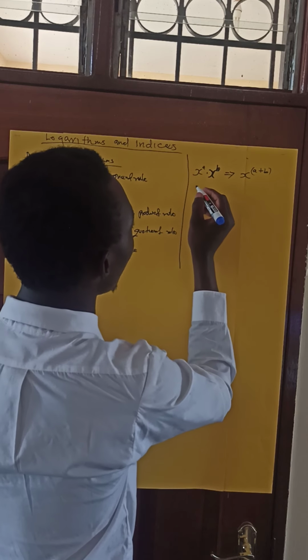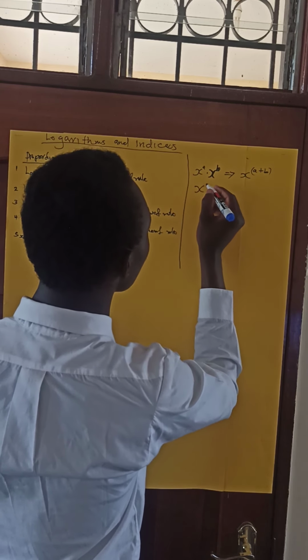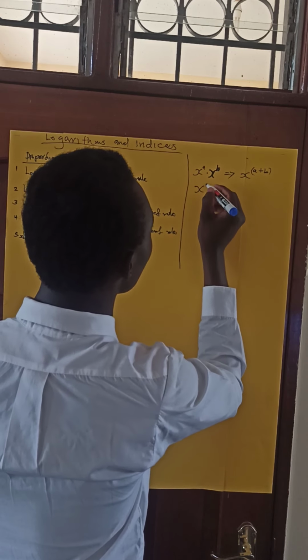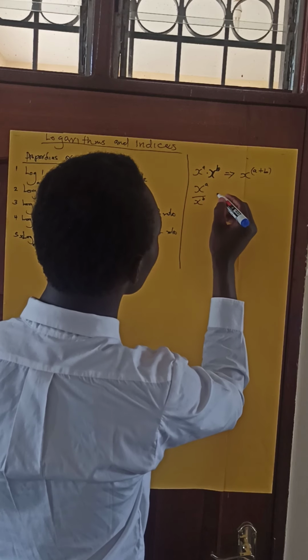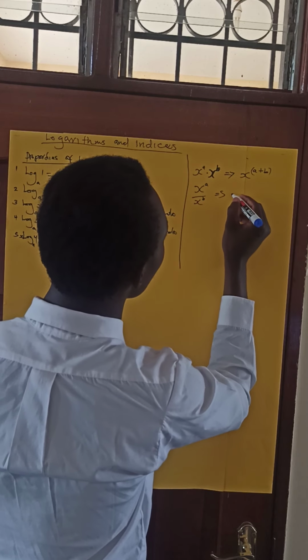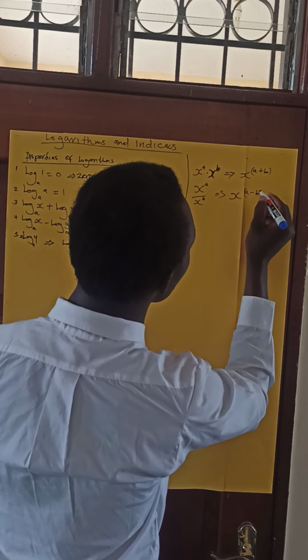Similarly, when we have x power a over x power b, this one can as well be written as x power a minus b.